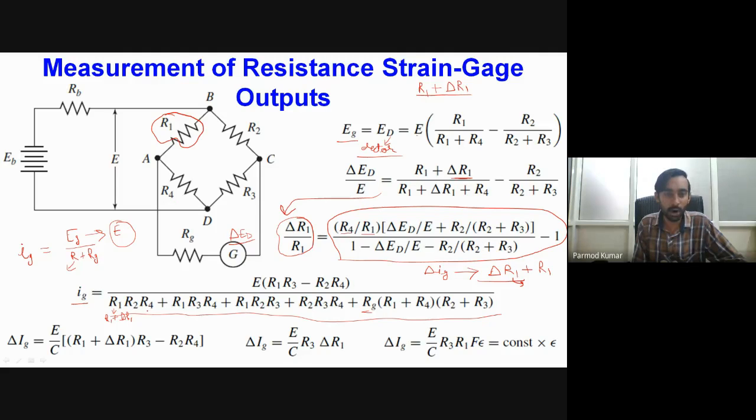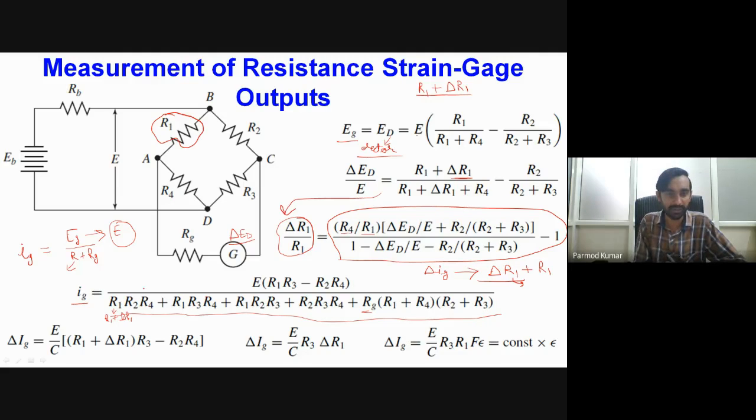So in all the terms, particularly in the denominator, where R1 plus delta R1 is involved, we are having the multiplication of three different resistances. Okay. So because of three times multiplication, what will be happening? Because of the change of resistance also, there will not be significant change in the value of the entire denominator. Okay.